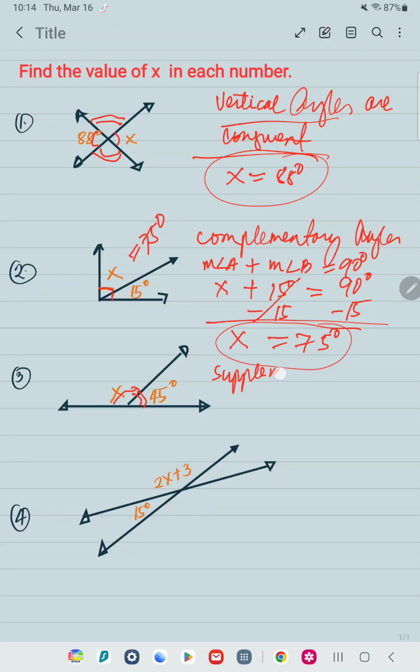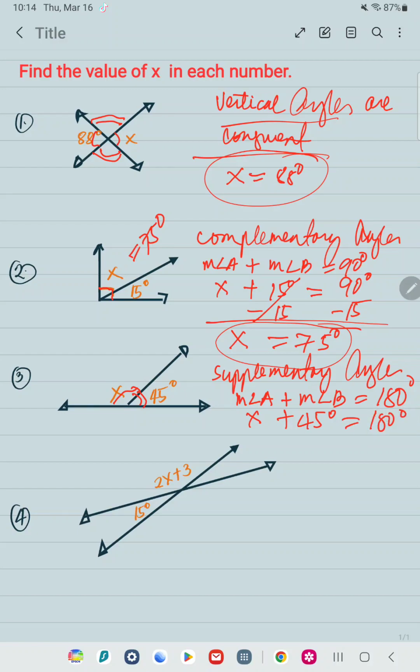So we can say that they are supplementary angles. Now, let's say we have two angles again, A and B, which means that the measure of angle A plus the measure of angle B is equal to 180 degrees. So if A is x and B is 45, x plus 45 is equal to 180.